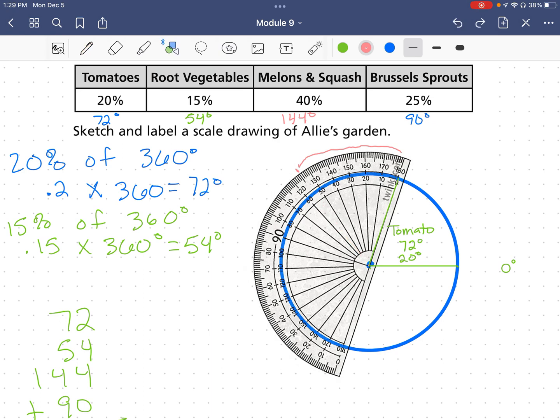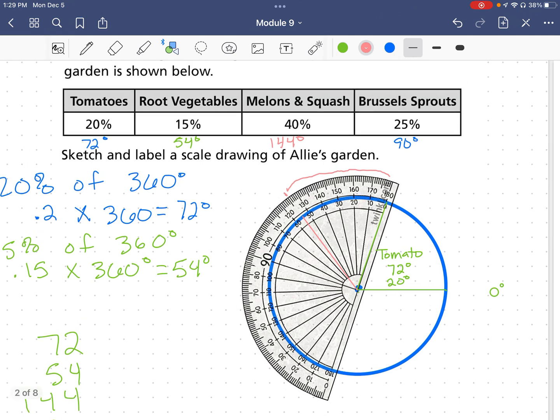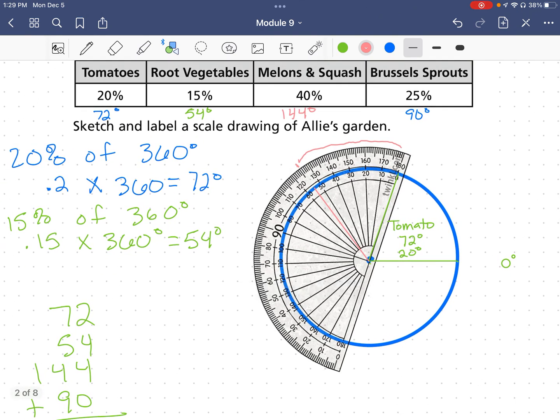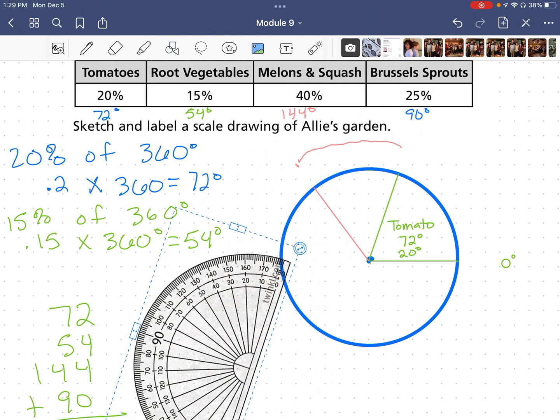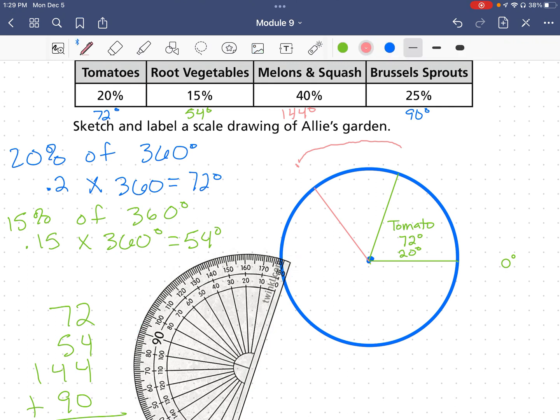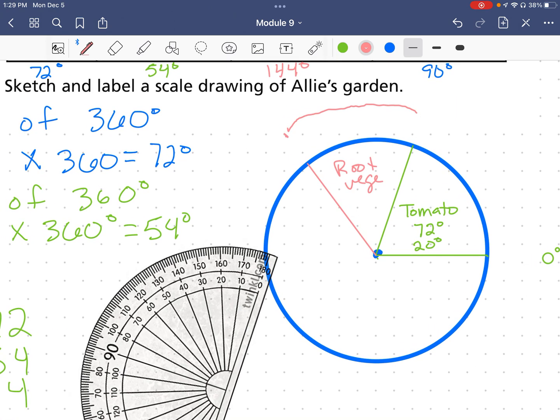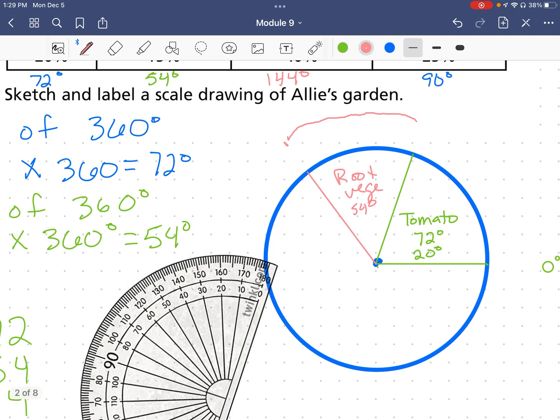Get my straight line here, just below 54. Okay, so that next section, move my protractor out of the way here. Okay, there we go. This is my root veggies, and that is 54 degrees and 15%.